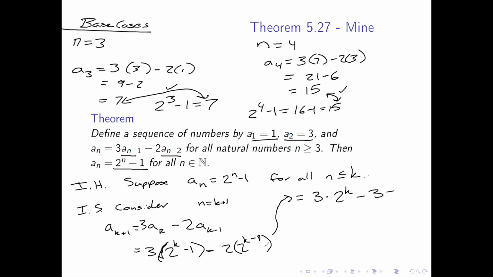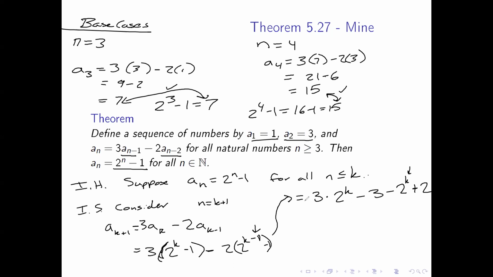Minus 2 to the k, plus 2. The reason this became 2 to the k was because I multiplied 2 times it, and so that made that portion go away.